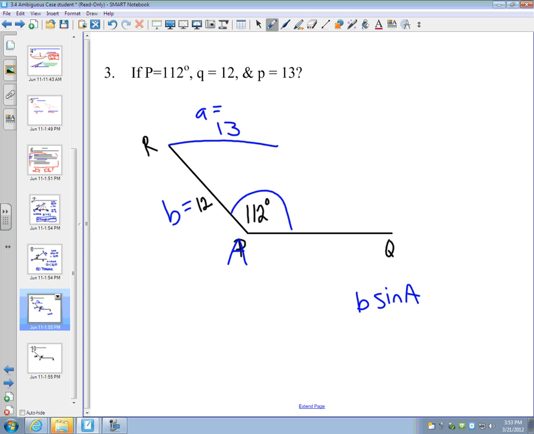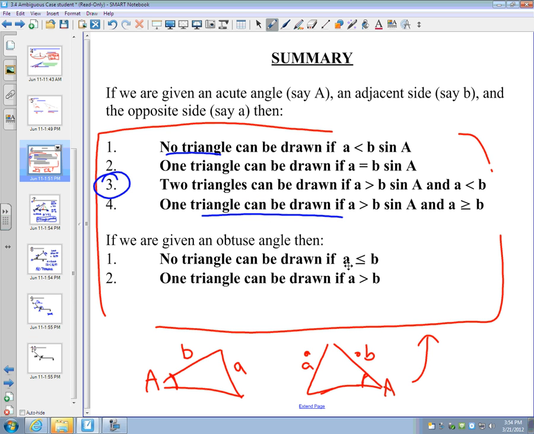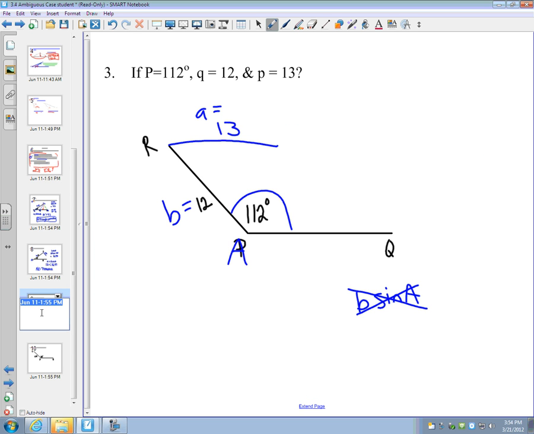Actually, I'm not looking at B sine A at all. With obtuse, I am looking just at the relationship between A and B: no triangle if A is less than or equal to B, one triangle if A is greater than B. So A is 13, B is 12. Yes, I did that right. Since 13 is greater than 12, one triangle is possible.